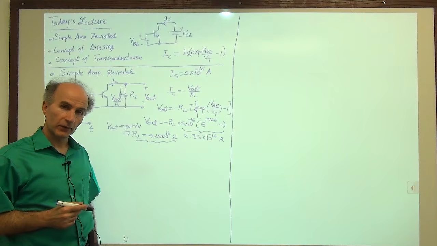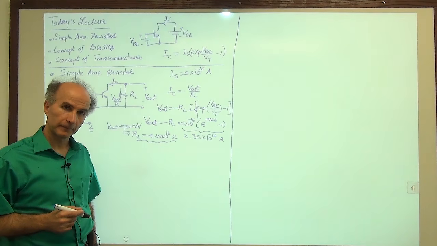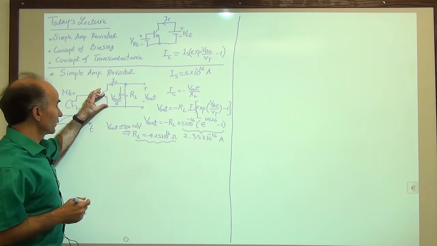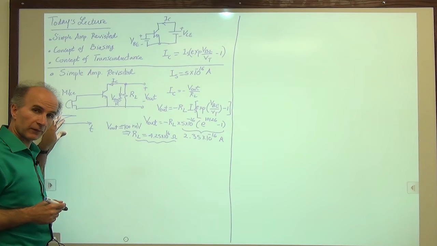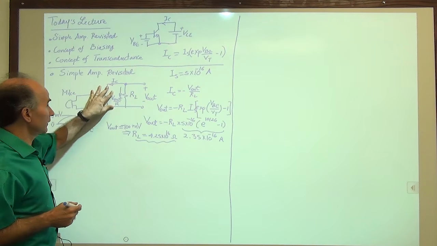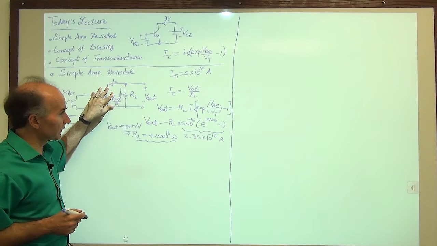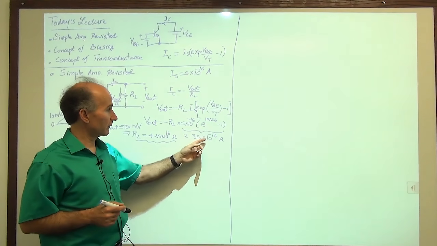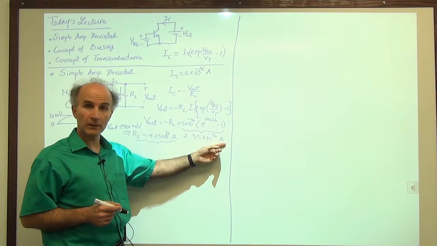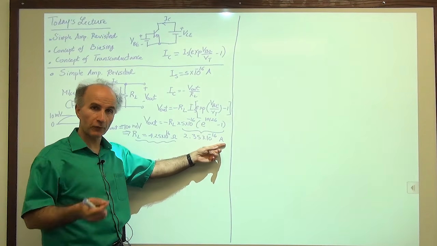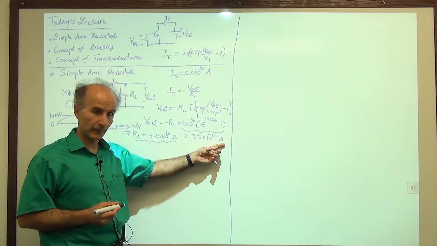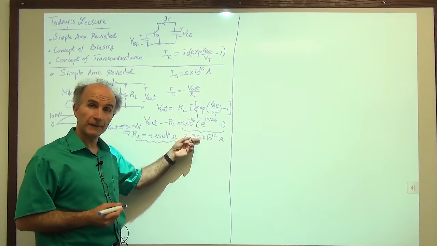Okay, so now we see what the problem is. The base emitter voltage sensed a 10 millivolt swing from the microphone. The collector current goes up to only 2.35 times 10 to the minus 16 amperes when the transistor senses only 10 millivolts for the base emitter voltage. This current is very small.